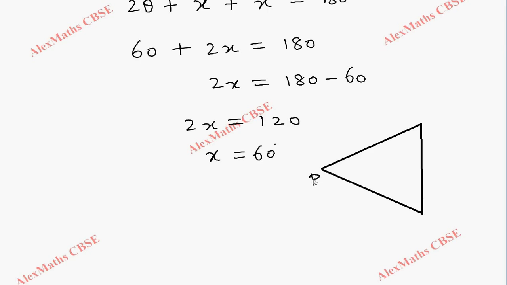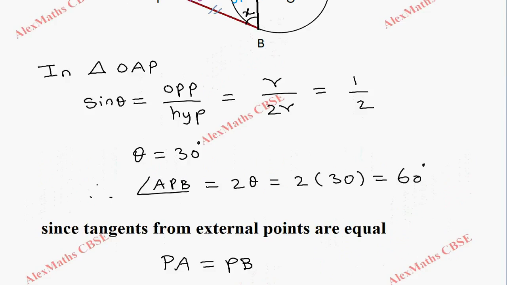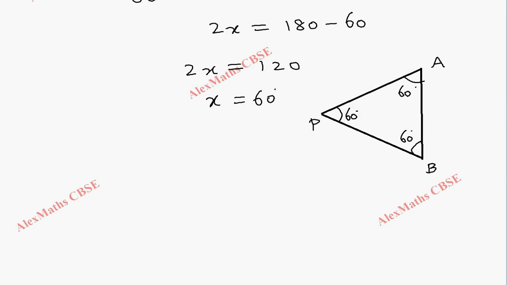This is P, this is A and this is B. Already we got the value of 2 theta, which is 60, and now we got the x value 60. So this is 60 and this is 60. Since all three angles are equal, all three sides are also equal, and hence this triangle is an equilateral triangle.